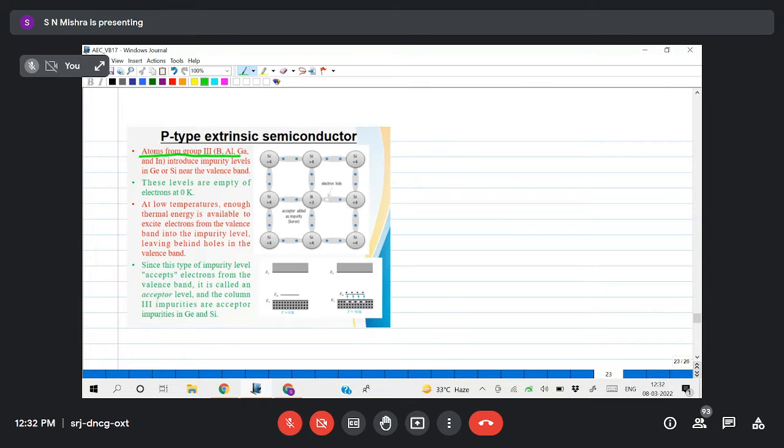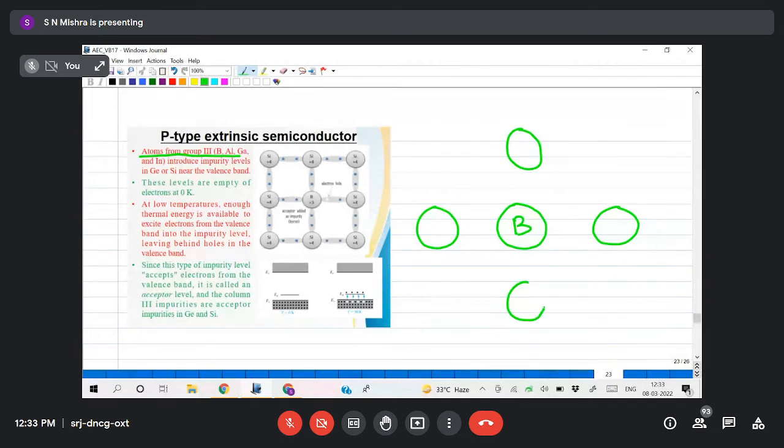Now, let us understand how these bonds are formed. So these are the silicon, and in between I'll add boron.